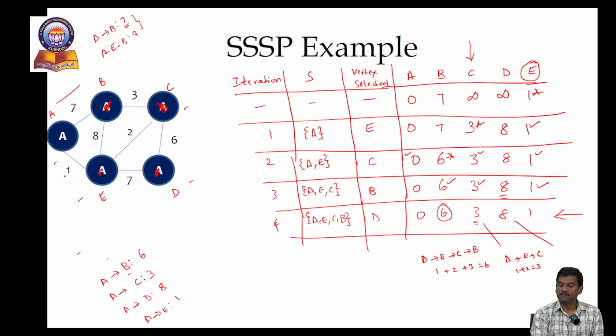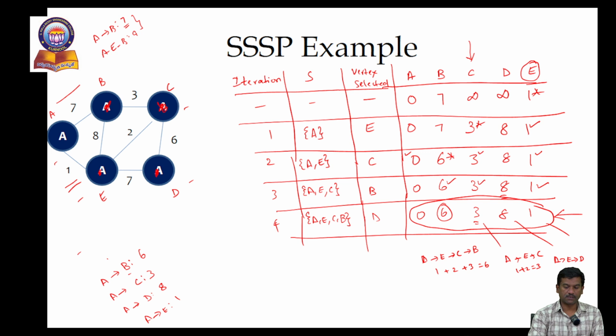If you consider to reach D, that is A, E, D. And what is the cost? That is 1 plus 7, that will be equal to 8. That is A to E, E to D. And how about the case of E? Because there is a direct edge that has been associated, 1. And this is how we can say the shortest distance can be found using Dijkstra's algorithm.